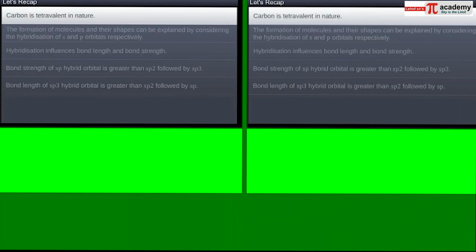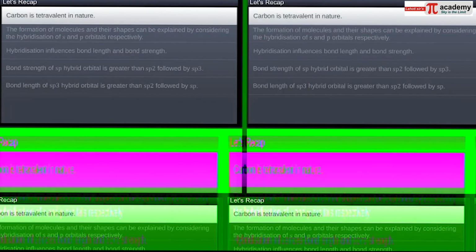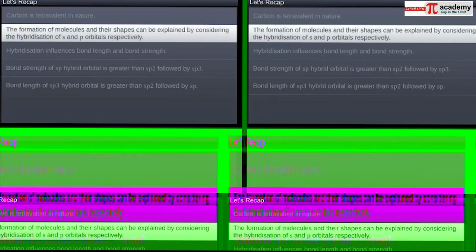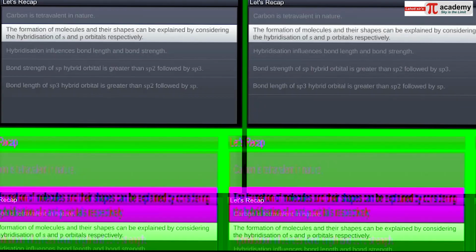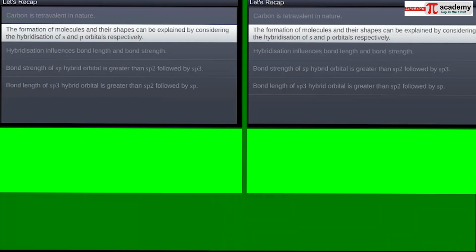You have now reached the end of this module. In this module, you have learned that carbon is tetravalent in nature. The formation of molecules and their shapes can be explained by considering the hybridization of s and p orbitals respectively.